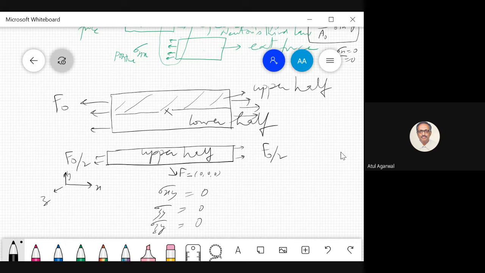Stress is nothing but force upon area. If you had taken a plane passing through like this, now there are stresses. What stresses are defined on this plane? Sigma xx, sigma yx, sigma zx. So this was F naught, so you get F naught by A naught. Now there is no y component, so this becomes 0.